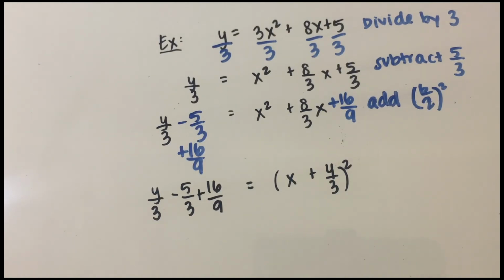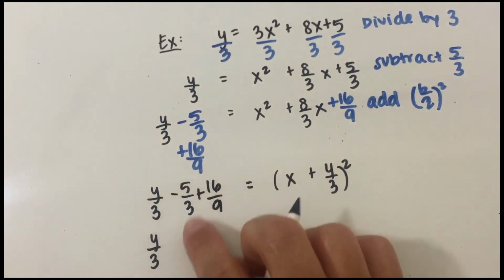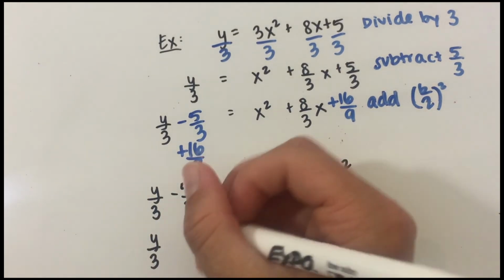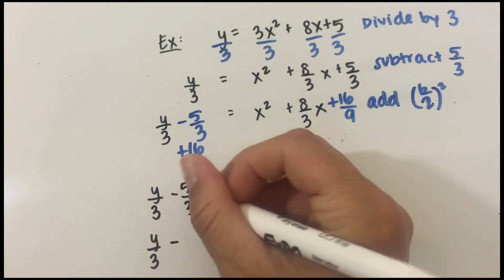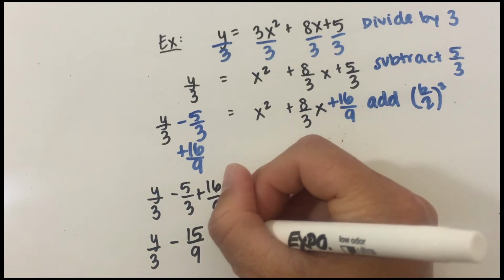And now I see on the left-hand side that if I multiply negative 5 over 3 by 3 on top and bottom, I will get 15 over 9.